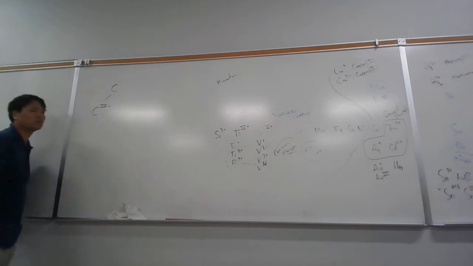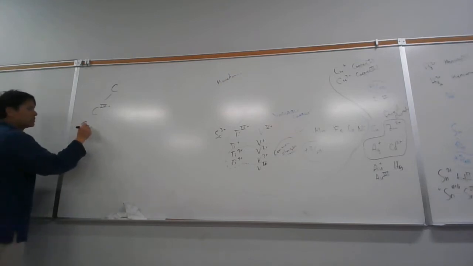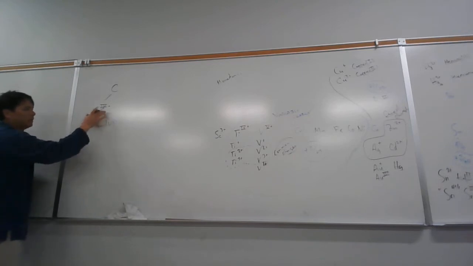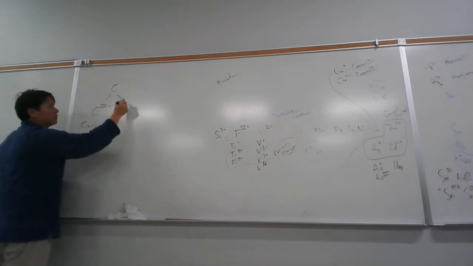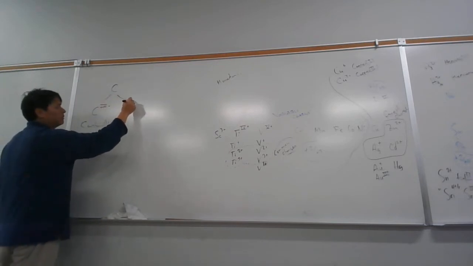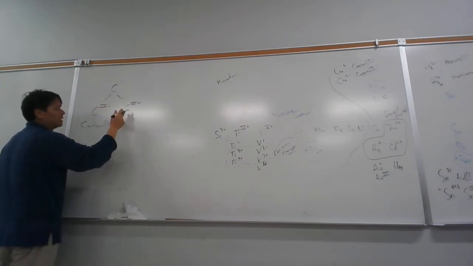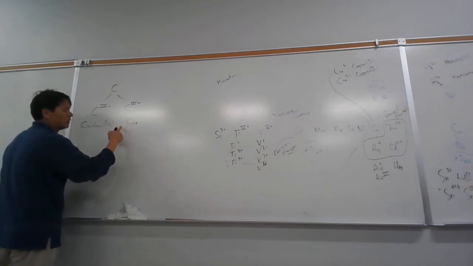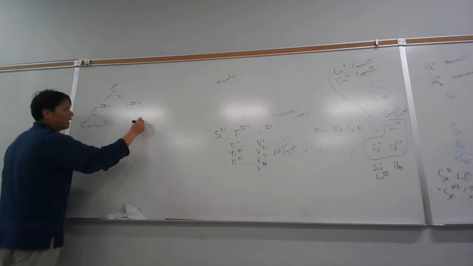We'll get carbon 4 plus. And so this one we just call carbon Roman numeral 4. Maybe not necessarily ion, because there's got to be something else helping stabilize that. Or the carbon with a 4 minus, if it gains 4. Carbon with 4 minus is not called carbon 4, it's called carbide.